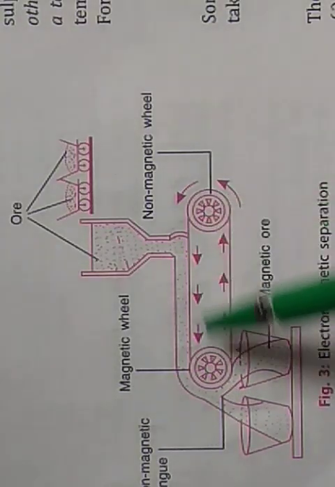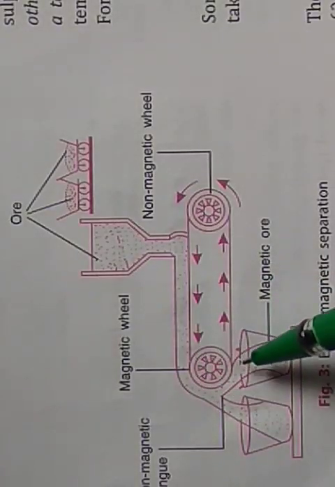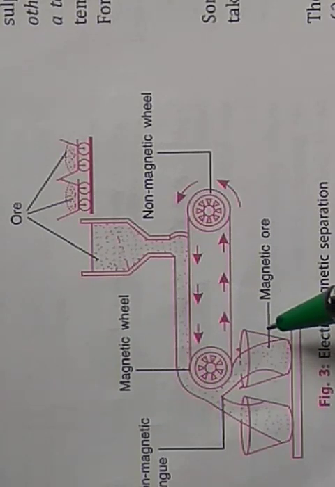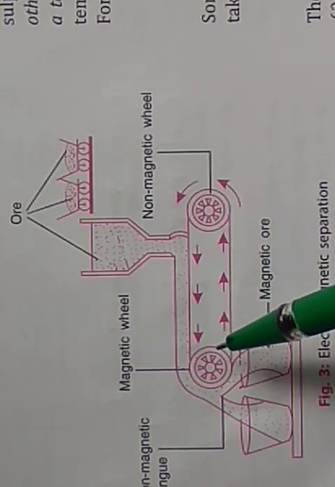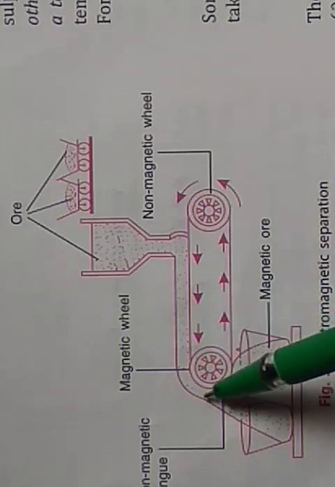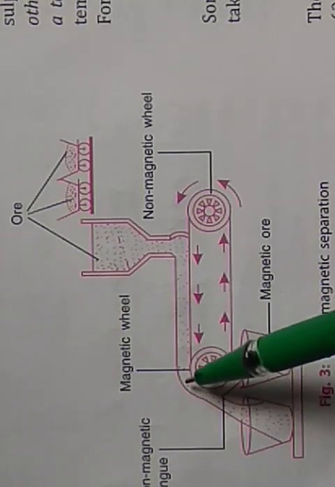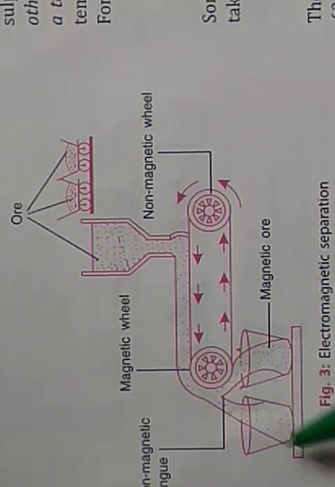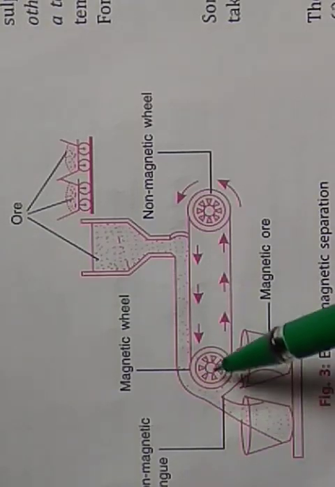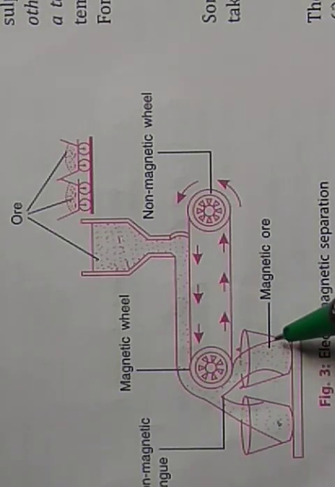As the wheel rotates, the non-magnetic ore is dropped down into a trolley placed just below, where the conveyor belt turns backwards, whereas the magnetic ore is attracted to the magnetic wheel. The gangue moves away from the magnetic wheel and is collected in one container, and in the other container the magnetic ore is collected.